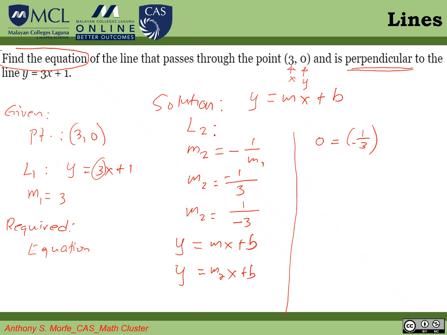Then multiplied by x plus b. Okay, but x is 3, so times 3, so this equals minus 1 plus b.